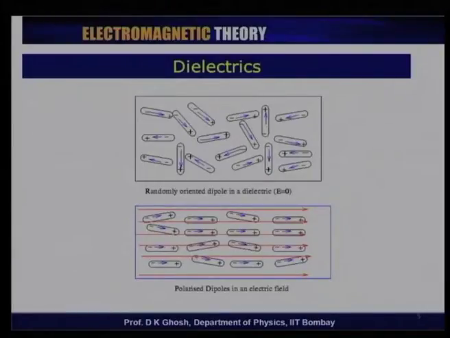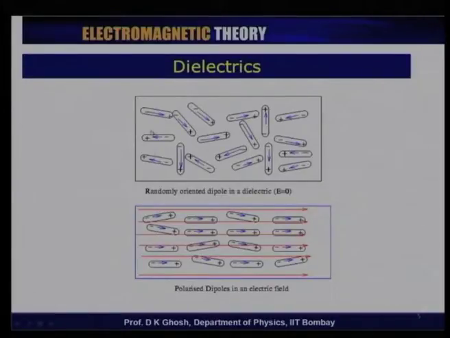So, therefore, in the absence of an electric field, a bulk material does not have a dipole moment in general. Now, if on the other hand we apply an electric field, as we have just stated, the positive charge centers are attracted towards the direction of the electric field, and the negative charge centers go away from it.